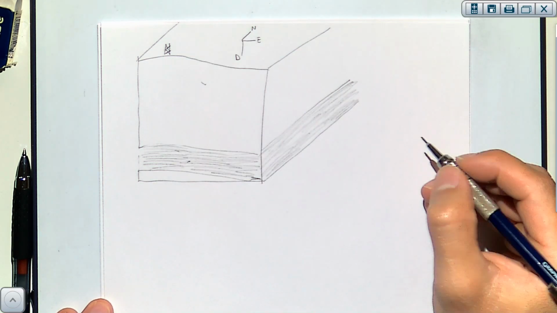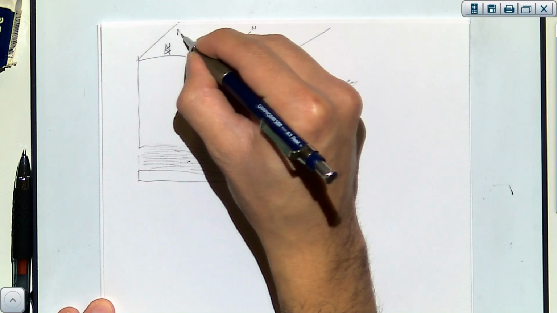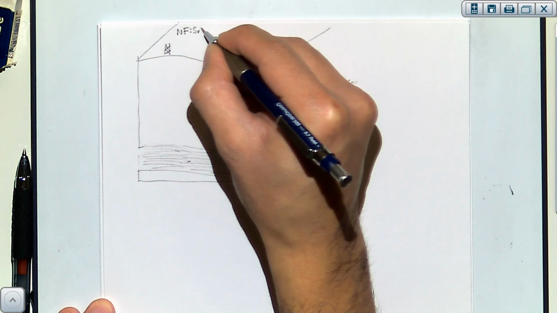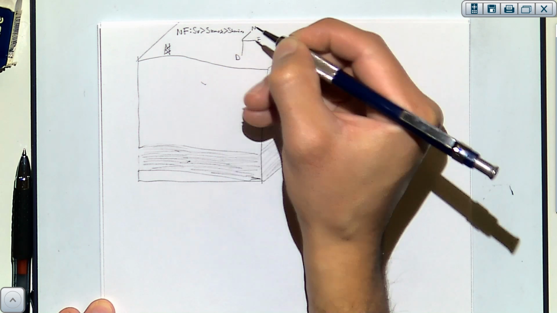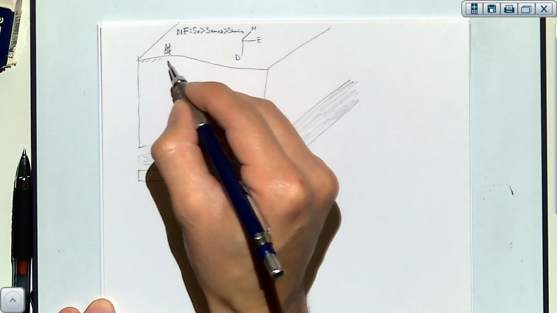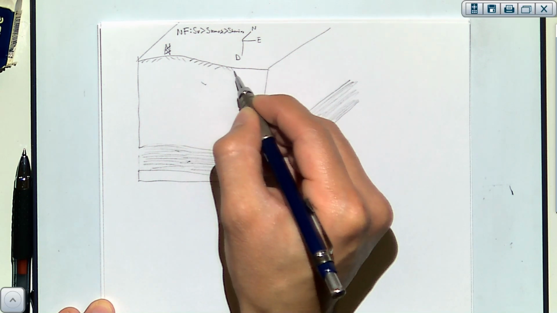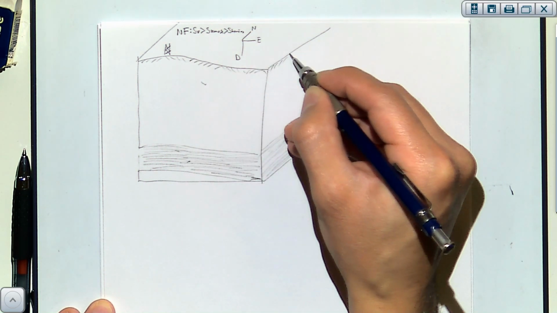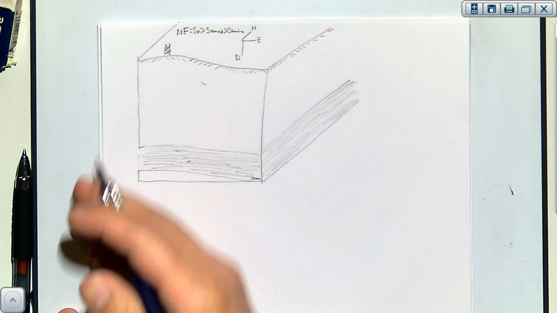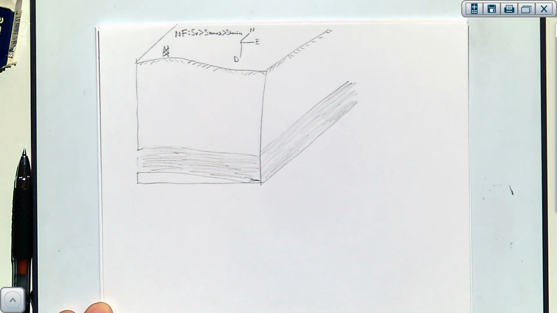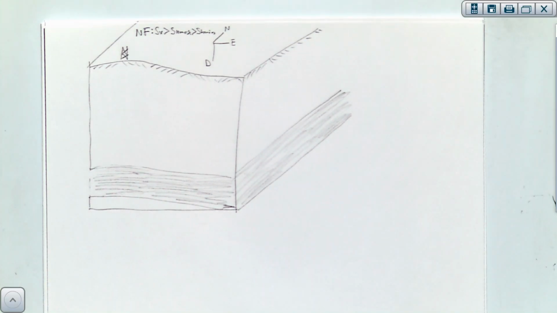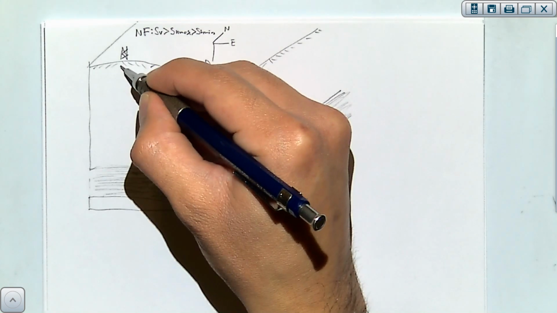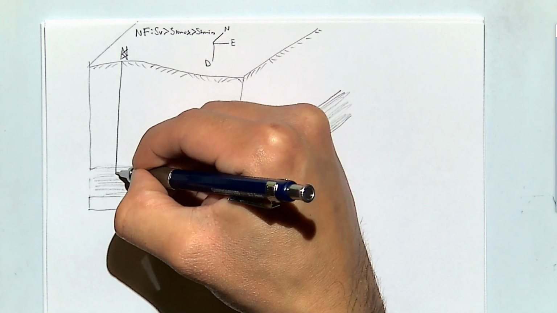We're going to say that this one is normal faulting. And all right, and then we're going to start making some calls. Let me zoom in a little bit more. All right, case number one. Vertical wellbore.